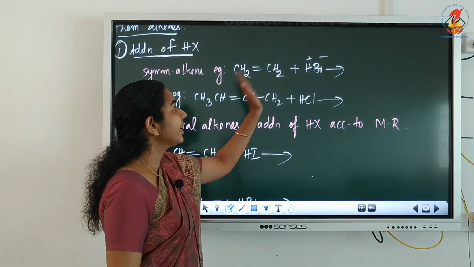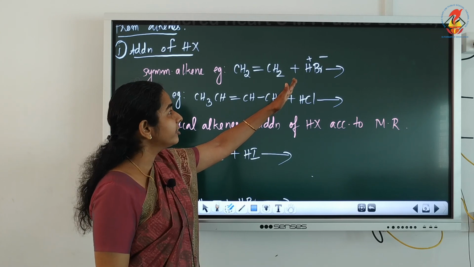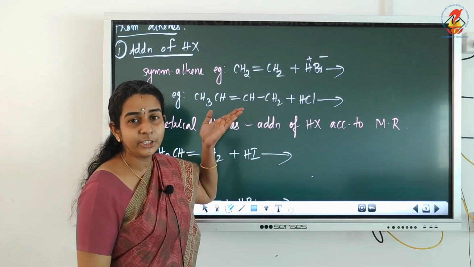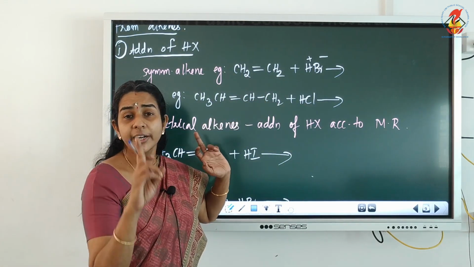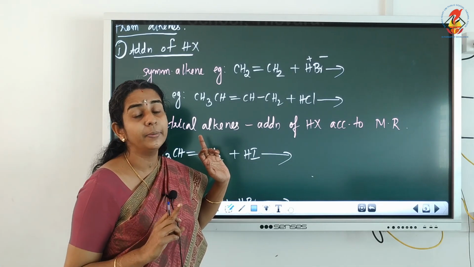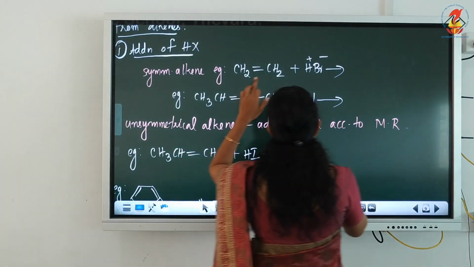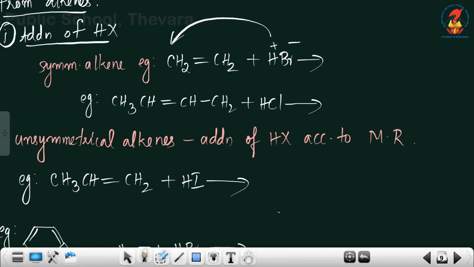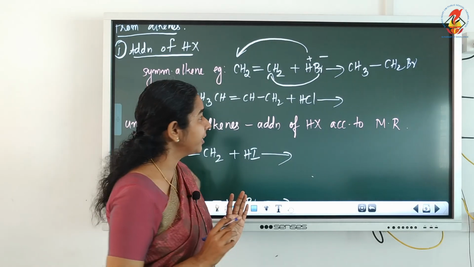We can give hydrogen to any carbon and Br- to any carbon. And remember, after addition, don't forget to change the double bond to a single bond. So the product will be CH3-CH2Br. There is no major and minor product, only one product here.